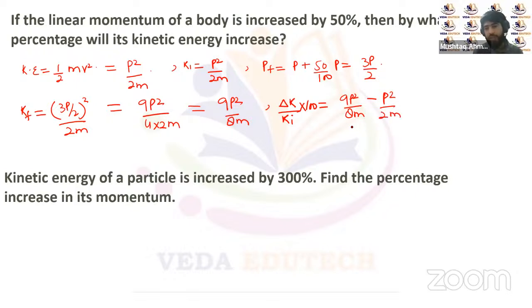This is the change in kinetic energy, upon the initial kinetic energy, that's P square upon 2m. Now from here, P square and P square will get cancelled, m and m will also get cancelled, and we have to multiply it by a factor of 100 to calculate the percentage change in kinetic energy.